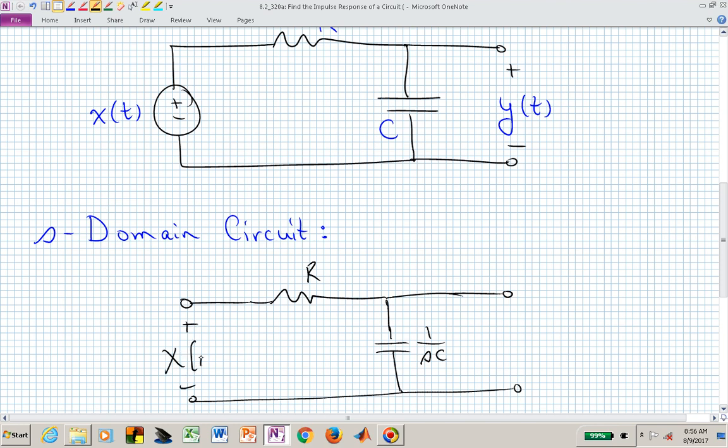We have the Laplace transform of our input, that's capital X of S, and we have the Laplace transform of our output, which is capital Y of S. And then we have a way of looking at this.